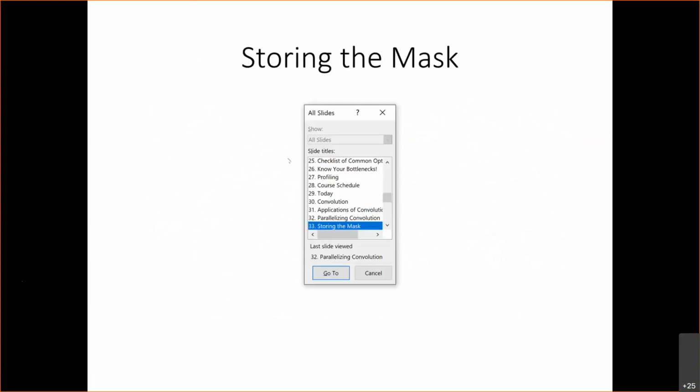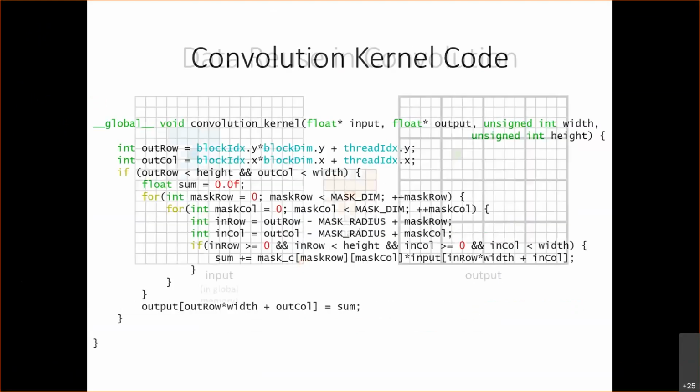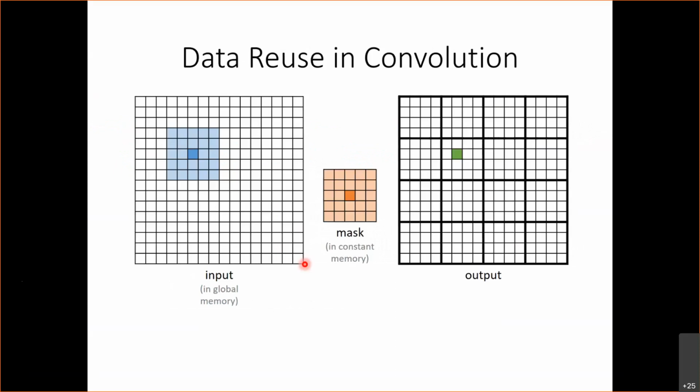Let me go back to the slide that we were on when we were writing the code. Okay, so this is the code that we just wrote. So, data reuse in convolution. Notice the thread that's processing this output element is going to use all of these input elements, right?